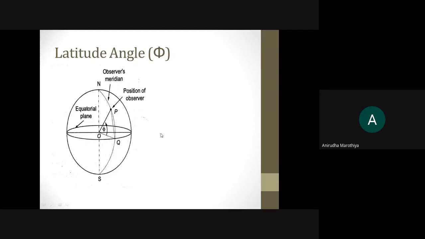You have to remember this because we need to apply this concept when solving numericals on solar radiation geometry. Many times in a numerical it is given whether the position of the observer is in the northern or southern hemisphere, and depending upon the position of the observer we need to take the value of phi as positive or negative.